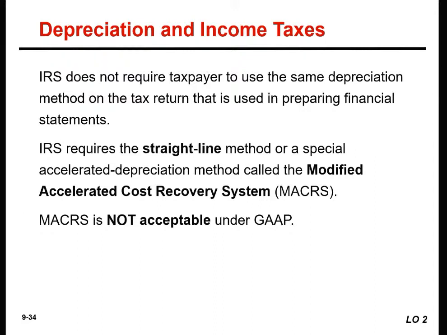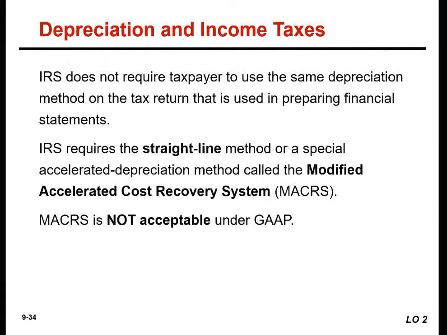The IRS allows corporate taxpayers to deduct depreciation expenses when computing their taxable income. But frequently it's not the same method that's used in preparing the financial statements. At the same time, they also require the use of special accelerated depreciation methods on tax returns.